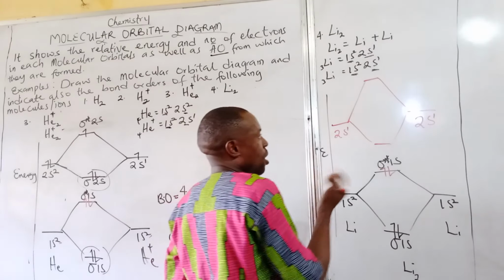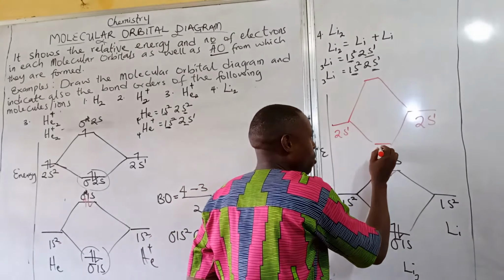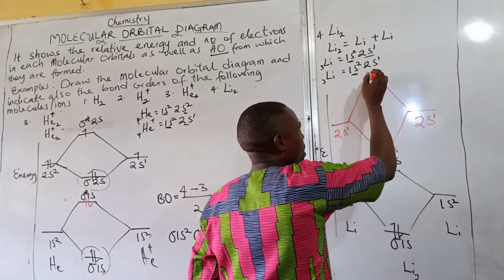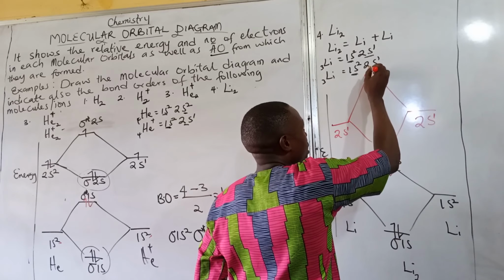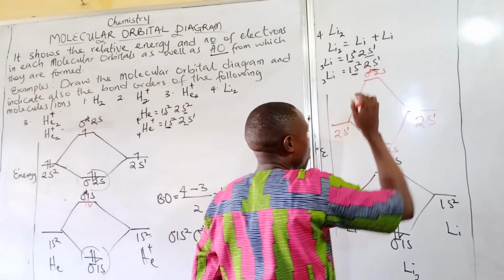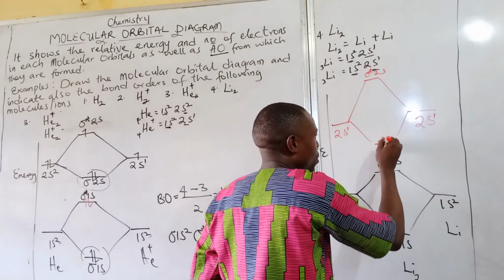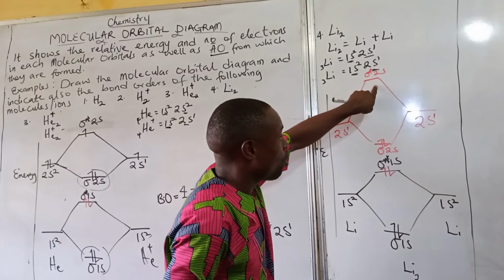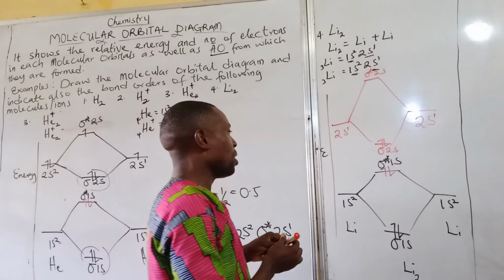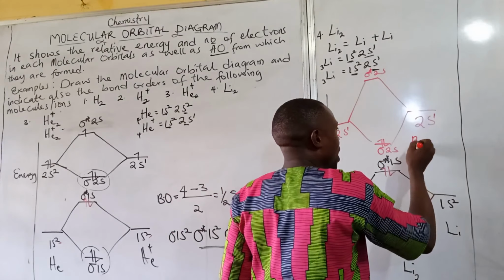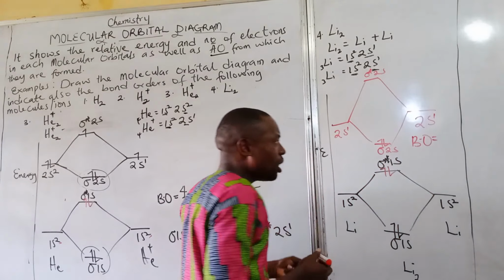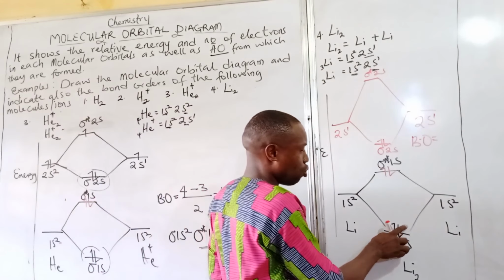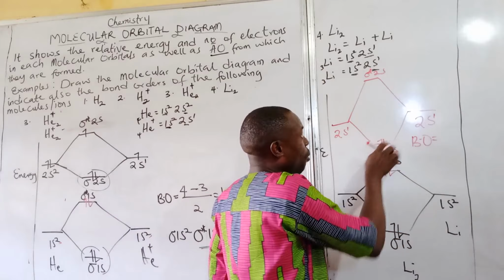Remember, I'm not drawing to scale, just doing the sketch work here. So what do we do? Now when these two interact, remember here becomes sigma 2s. Here is anti-sigma 2s. So when these two interact, only here will be filled, because there is no other one here that will come to the antibonding. And from here, the bond order is now equal to how many electrons are found in the bonding? 1, 2, 3, 4.